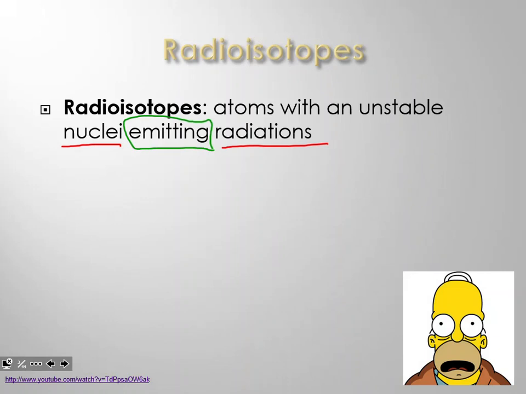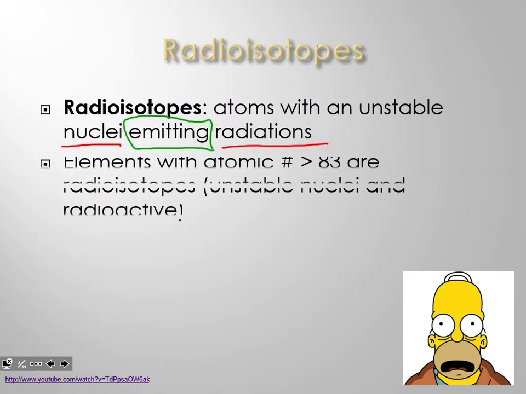Basically, it's being shot off of the nucleus of the atom. It's coming off the nucleus, it's leaving the nucleus. So when you see or hear the word emit, emitting, or emission, make sure you are paying attention to what that means, because like I said, it will be phrased in a lot of the questions.